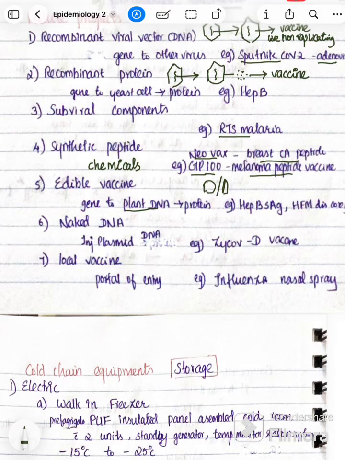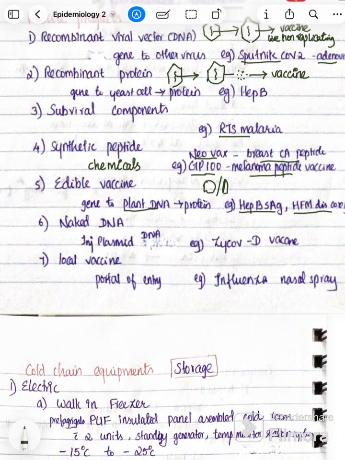And in future we are going to eat that fruit containing the protein. This protein will induce immunogenicity. Example, they have developed hepatitis B surface antigen in these plants. Hand foot mouth disease core antigen also produced.